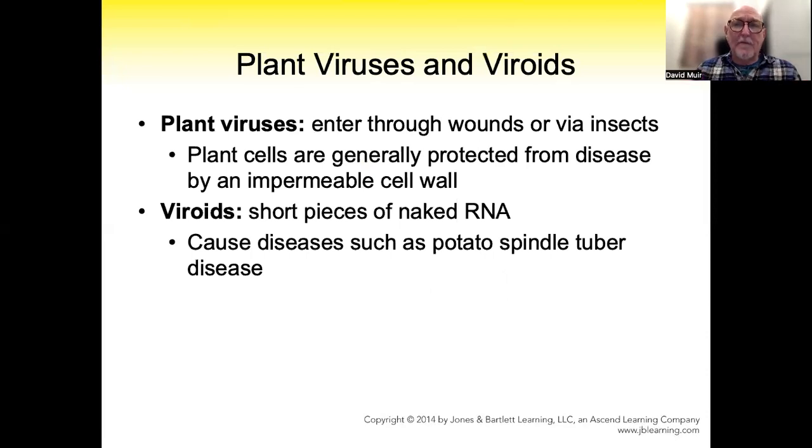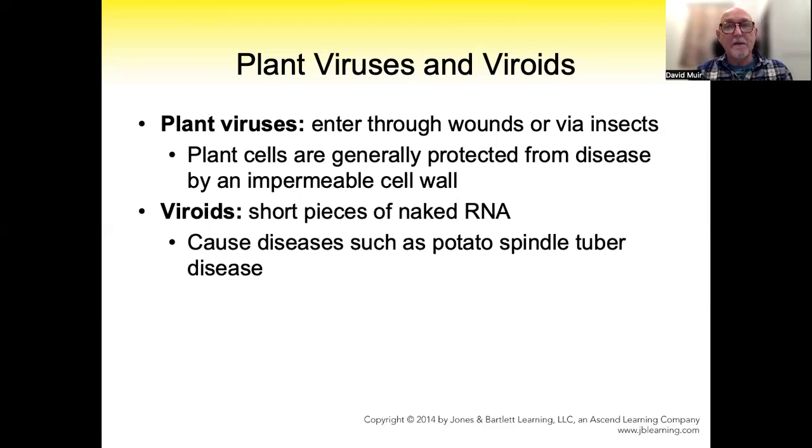Just a couple of other things to mention. The first is we've talked only about bacterial and animal viruses, but I do want to tell you that plant viruses are enormously important, and they contribute to massive agricultural loss every year.